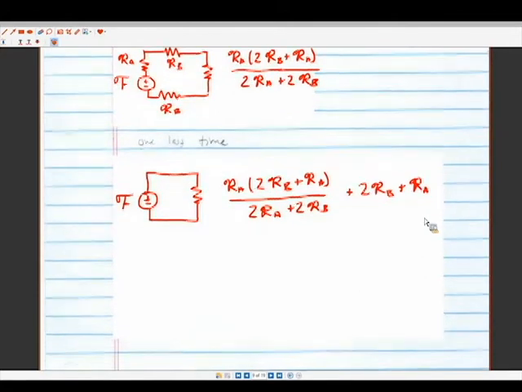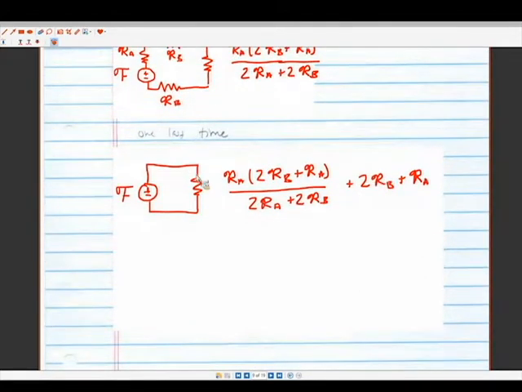As a reminder, what we're ultimately trying to get to is what was phi1.